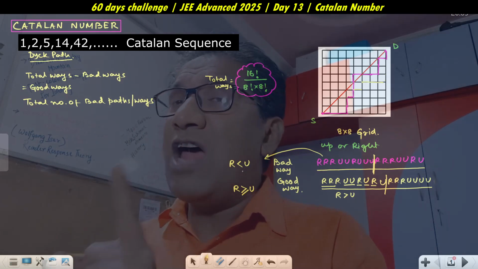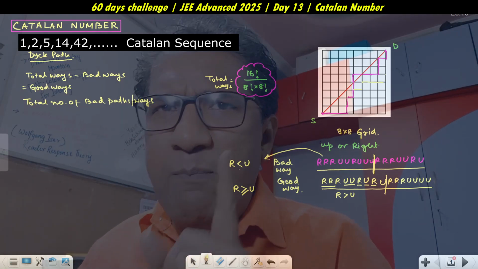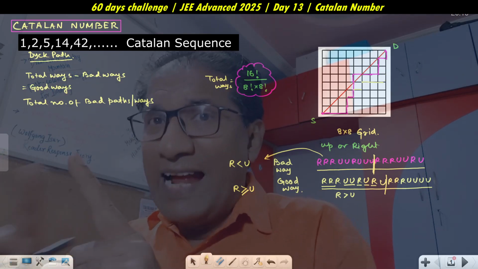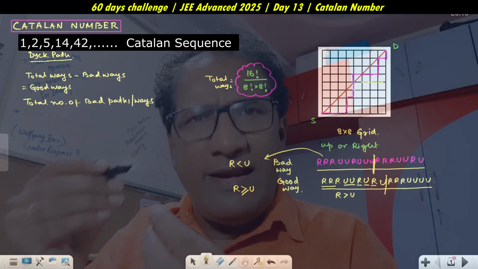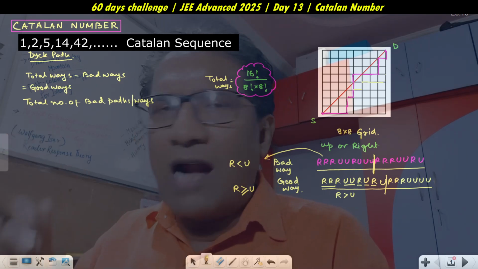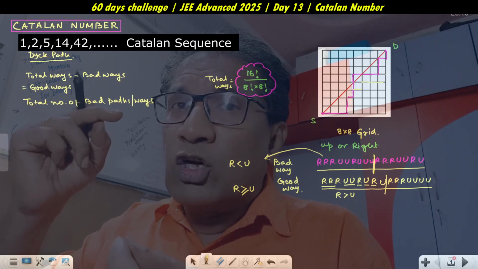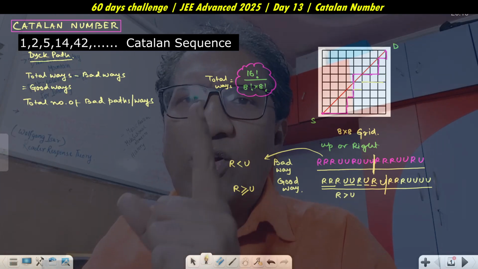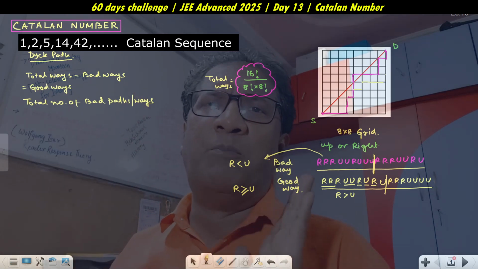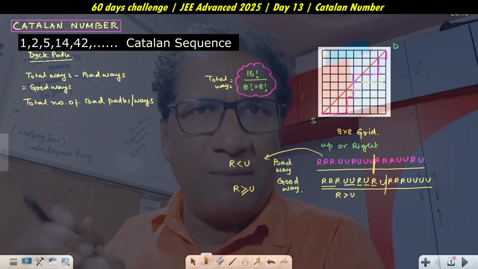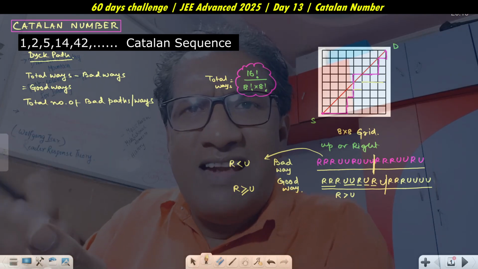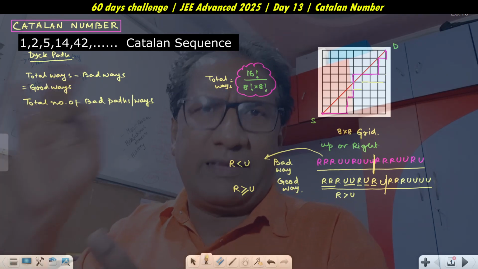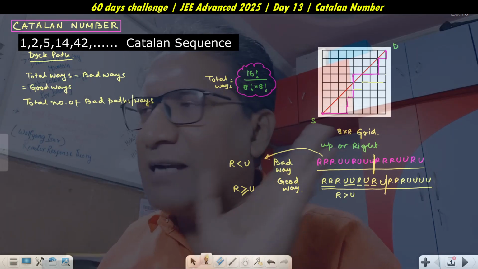Now, just now I told you that for any bad path, first you take any sequence from the starting point to destination. Now if it crosses the fence or the diagonal, at that point you will find that your right movement is less than the up movement. That's for sure. That we have already seen. The moment the right movement is less than the number of up movements, it is a bad path. Clear? It is a bad path.